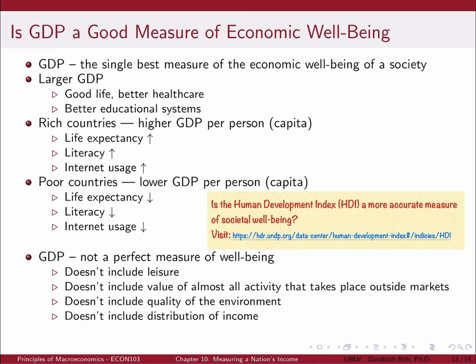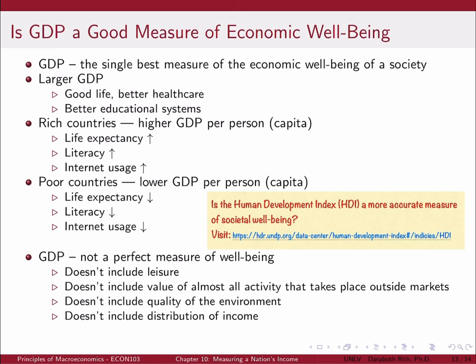After an in-depth analysis of GDP, the question arises, can GDP be considered a comprehensive measure of economic well-being? It is widely accepted among economists and professionals that GDP is a primary indicator of economic well-being. This is primarily because economies with higher GDP levels tend to exhibit better living standards, including improved healthcare and educational systems.